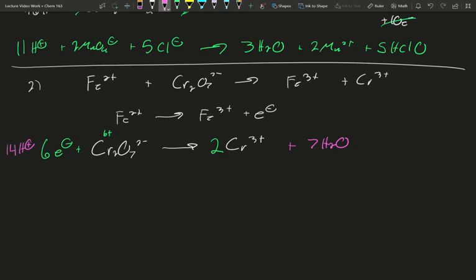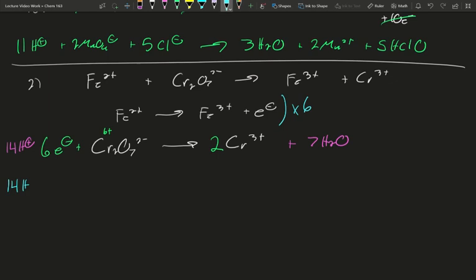Both halves are done. We just need to make the electrons line up. Well, the bottom is 6, the top is 1. If I multiply the top by 6, I'll have the same on both sides. I'll have 6 electrons in both half reactions. This is going to net me 14 H+, 6 electrons, Cr2O7 2-, and 6 Fe2+.